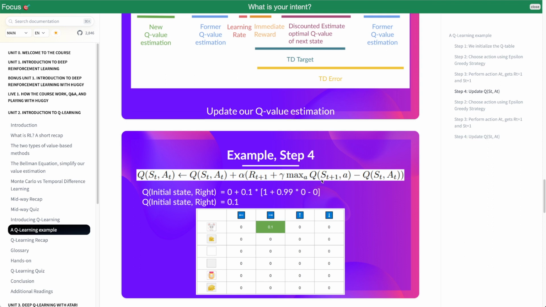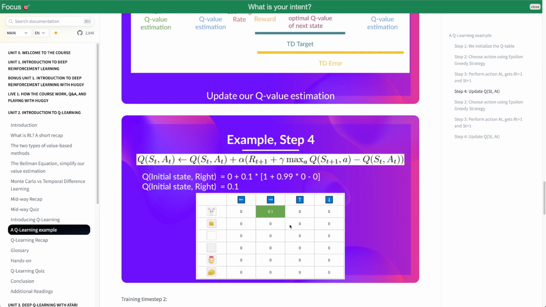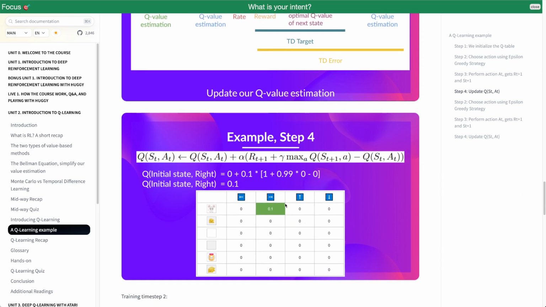What was the next state? We know it's 0 because they're all 0, but where is it on this map? The next state is this cheese state. And what is the best value of this cheese state? Well, they're all 0 right now.